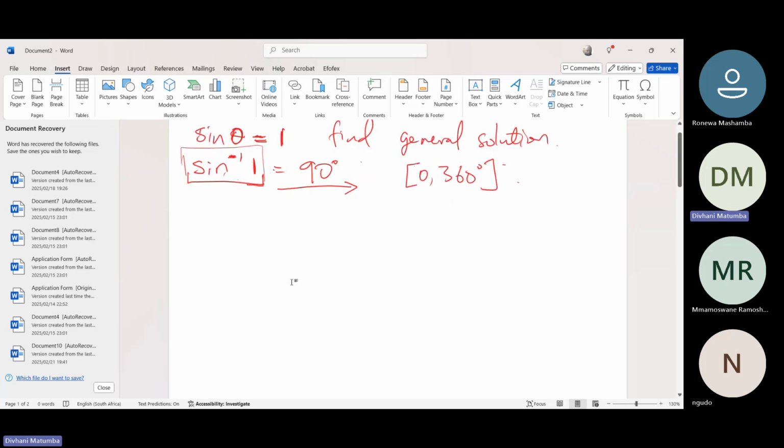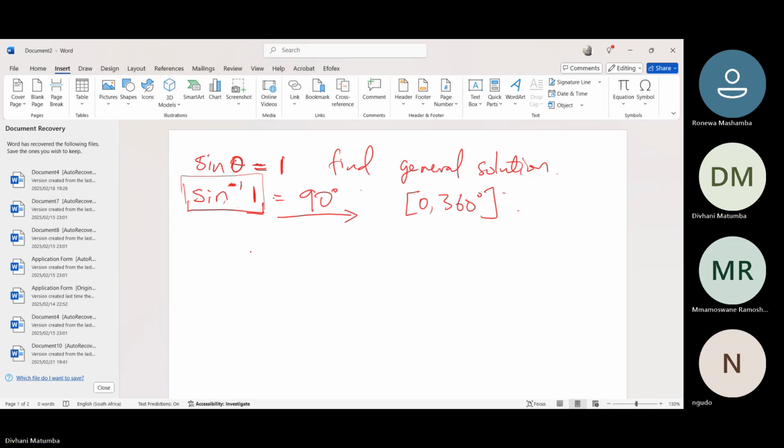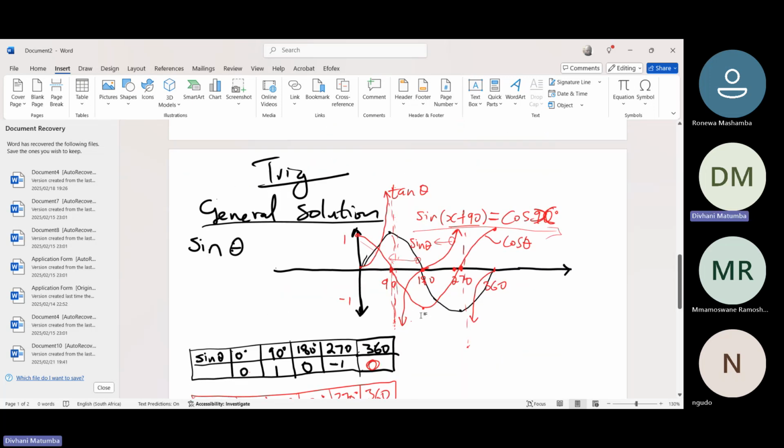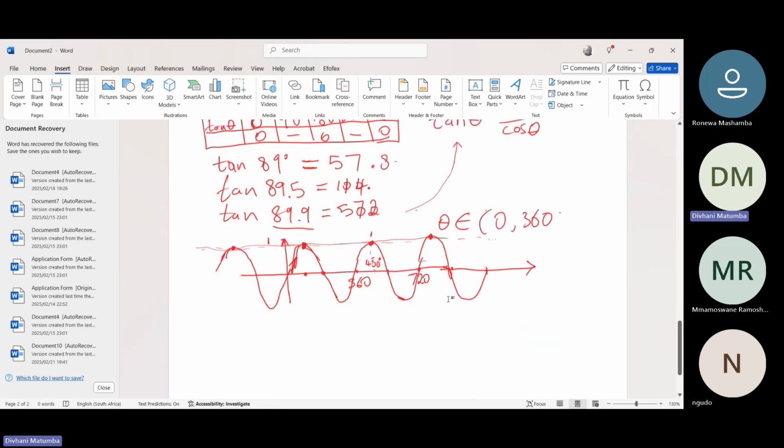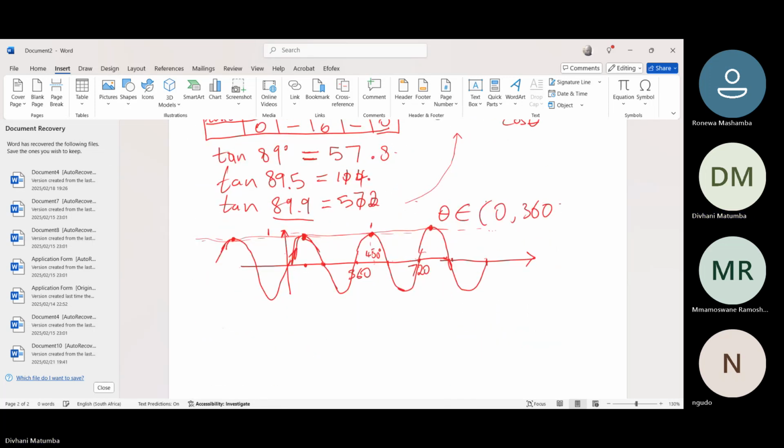But with a general solution, we know that our graph at 90 degrees, this is 90 degrees, the value of sine of 90 degrees will give you 1.